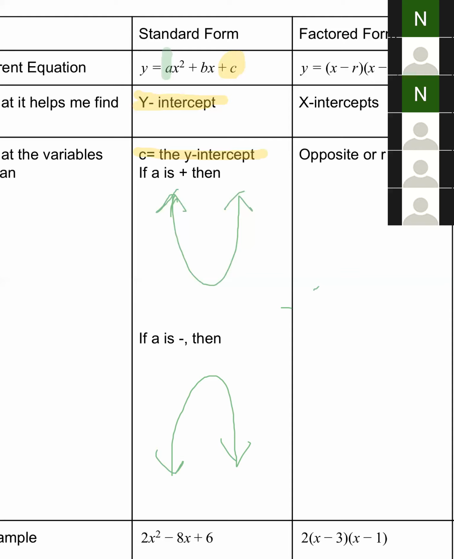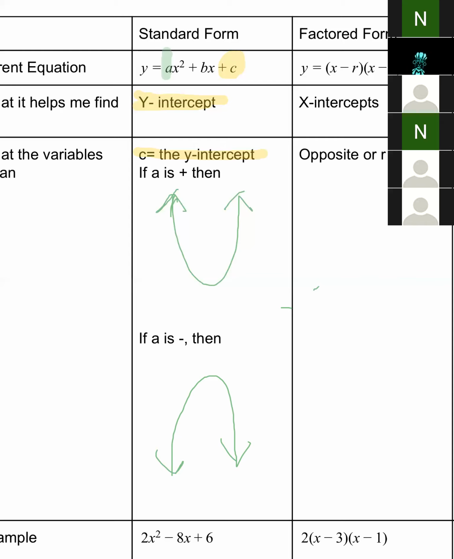Okay. Can you tell me what the y-intercept of that one is? 2 and -2. No, 0, 6. Oh, I was looking at it wrong. My bad. Okay.